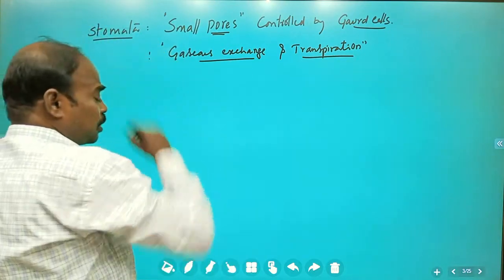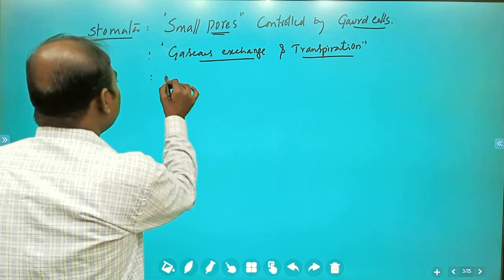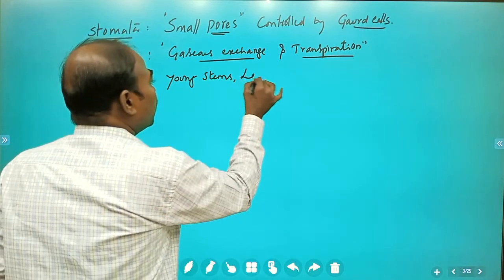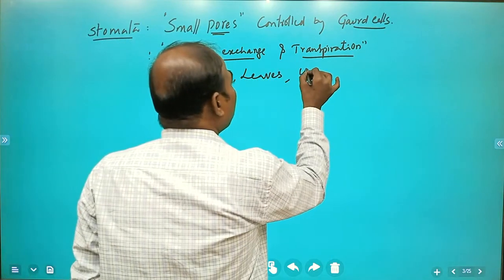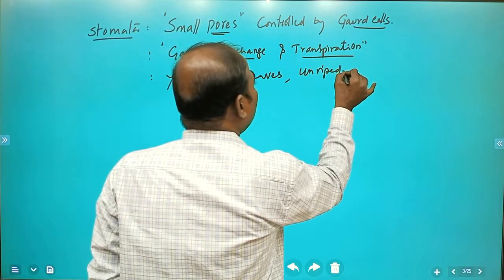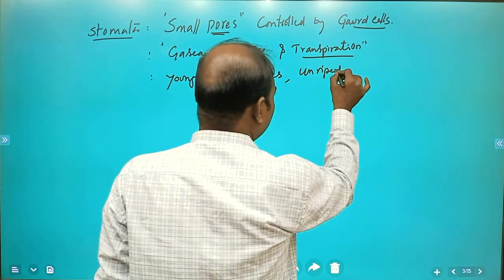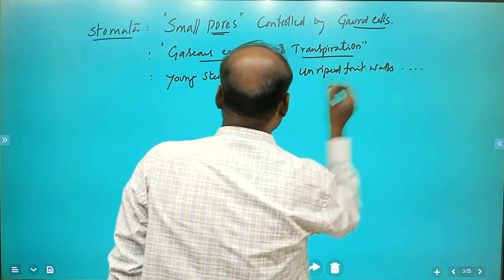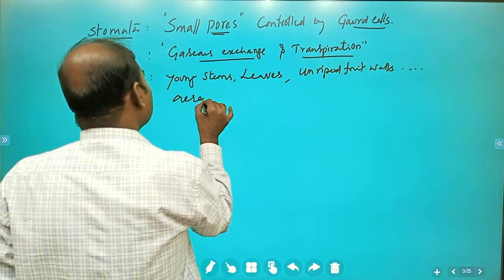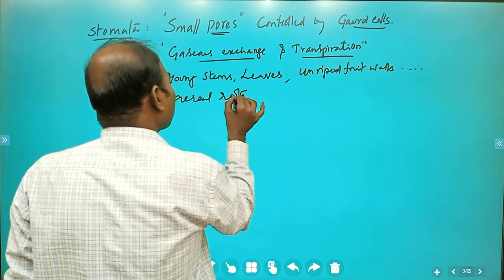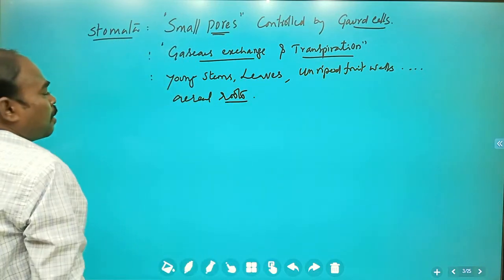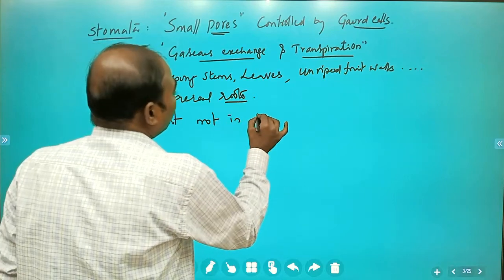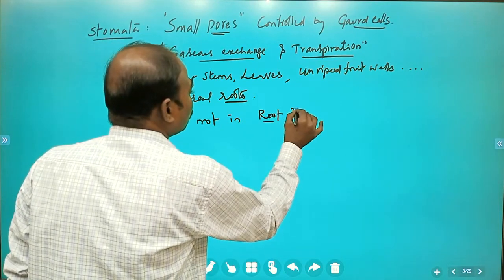These stomata are the minute pores found especially in young stems, leaves, unripened fruit walls, aerial roots, but not in root epidermis.